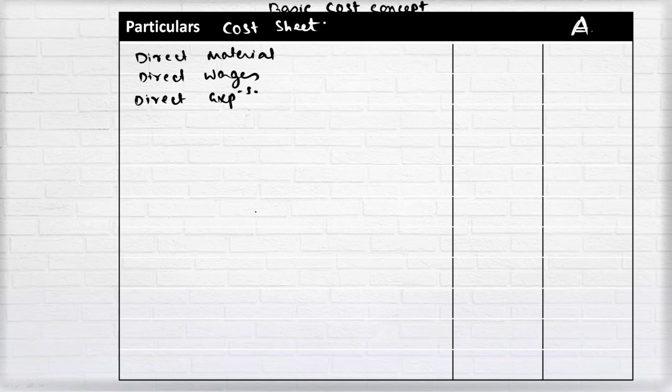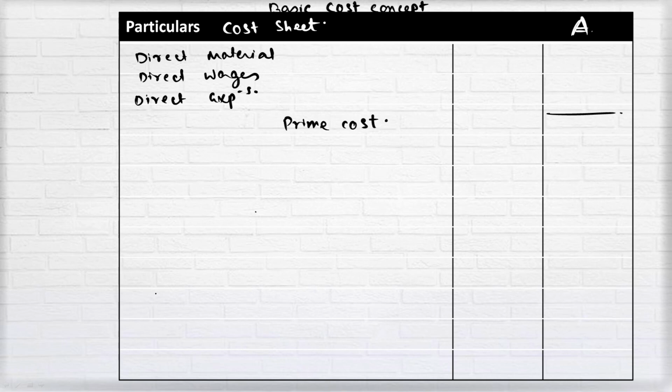Sir, if he is working in A, B and C, then his wages is overhead. His wages will be added in factory cost. What will be added as far as prime cost is concerned? All the direct expenditure.